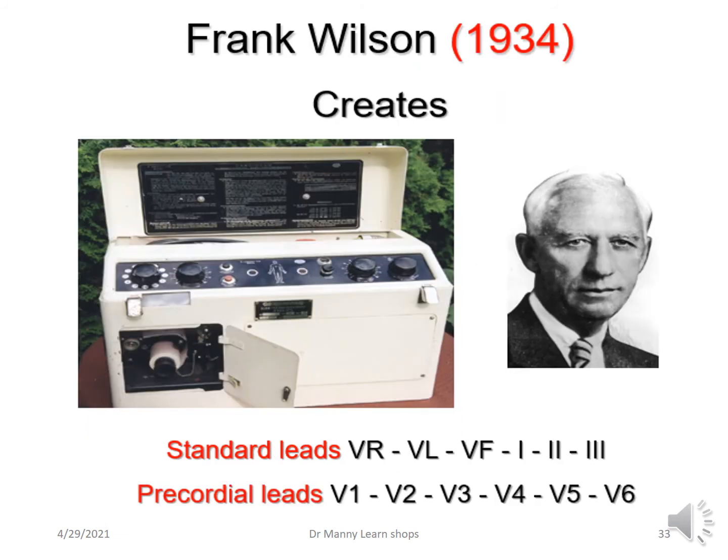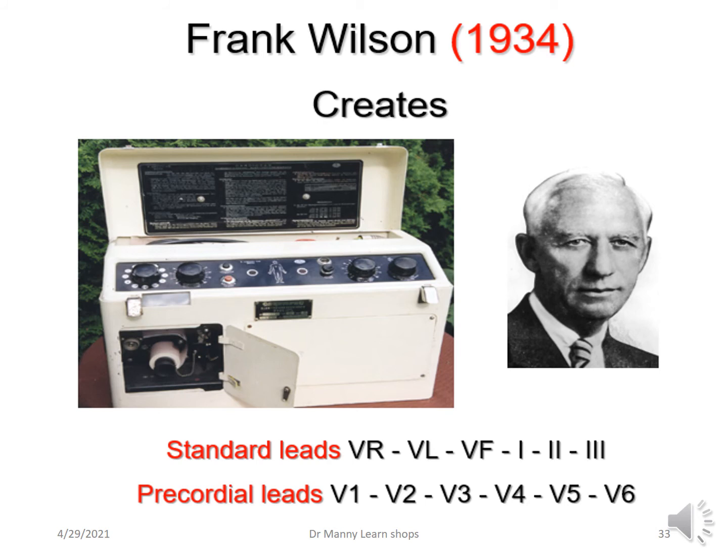In 1934, Frank Wilson, an American, created the standard leads, which were referred to as VR, VL, VF, lead 1, lead 2, lead 3, and he also is responsible for creating the precordial leads, or the chest leads. V1, V2, V3, V4, V5, V6, also referred to as C1, C2, C3, C4, C5, C6.